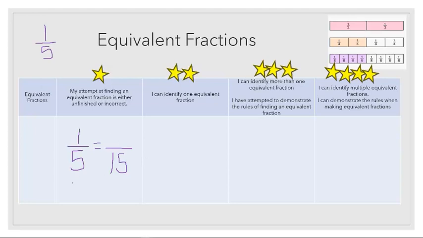Also, you may be asked to represent an equivalent fraction, and that would be done in diagrammatic form. So you might start off by creating a shape in here, and have a look at how that would look in terms of the fraction 1/5. Let's make that a different color.